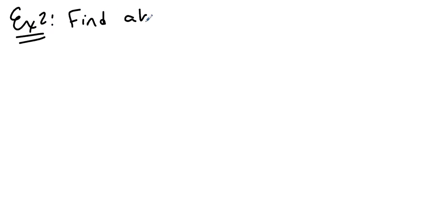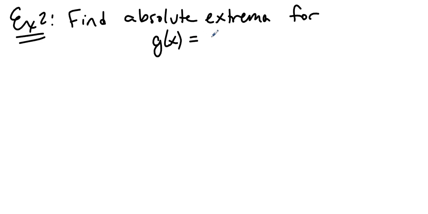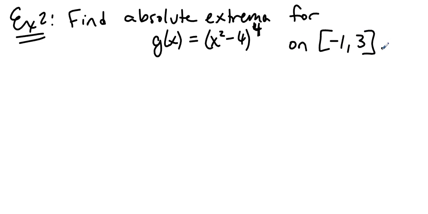Find absolute extrema for g of x equals x squared minus 4 to the fourth, that does say to the fourth, on [-1, 3].